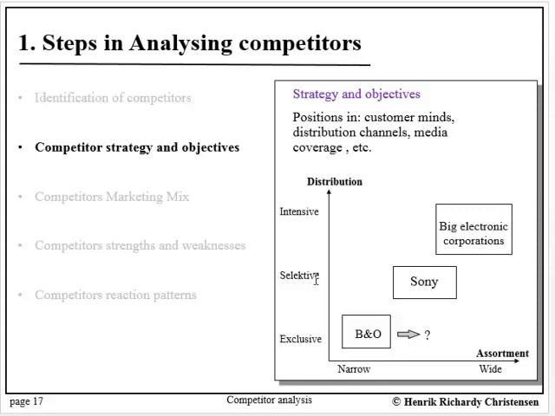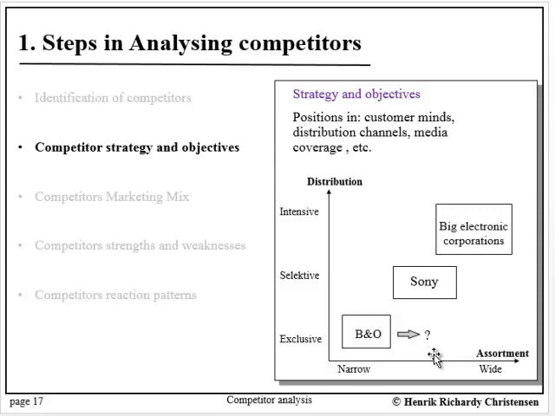They have a more selective distribution and a broader assortment than Bang & Olufsen. And then we have big electronics corporations with quite wide assortments and quite intensive distribution. So we can see three different kinds of companies with three different strategies: Bang & Olufsen with a narrow assortment and exclusive distribution, compared to Sony, with a selective, maybe even more intensive distribution and a wider assortment.